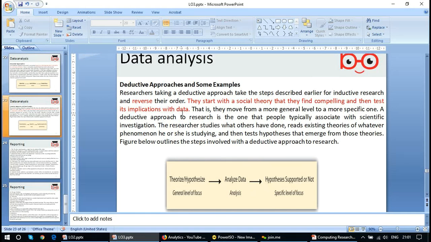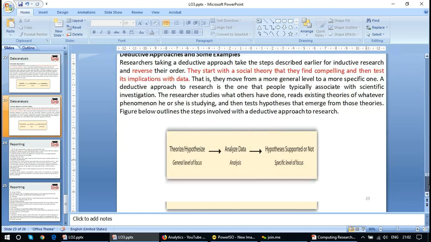So if you get the data and come to the theory, and sometimes you look at the theory and see how the data was collected, in a reverse process. So that is a kind of analysis of the data.